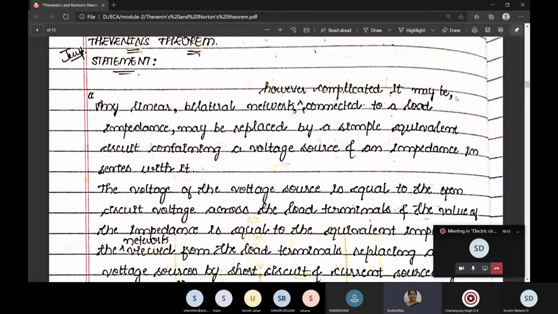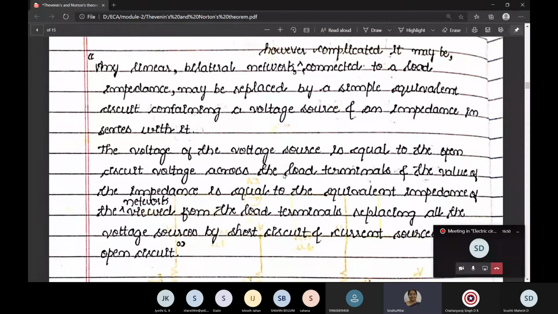However complicated it may be, if it is connected to a load impedance, that complicated network may be replaced by a simple equivalent circuit containing a voltage source and an impedance in series with it. We are replacing it with a voltage source, and a voltage source will always have an impedance in series with it. How will we do that?